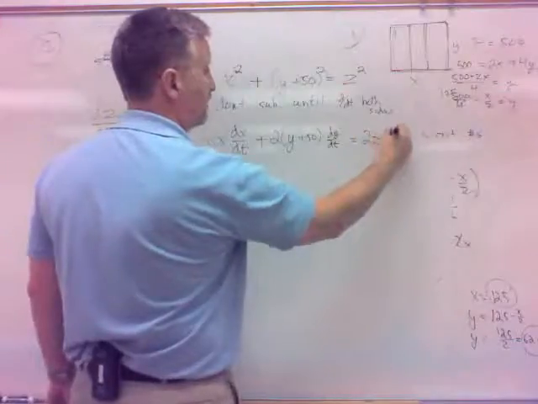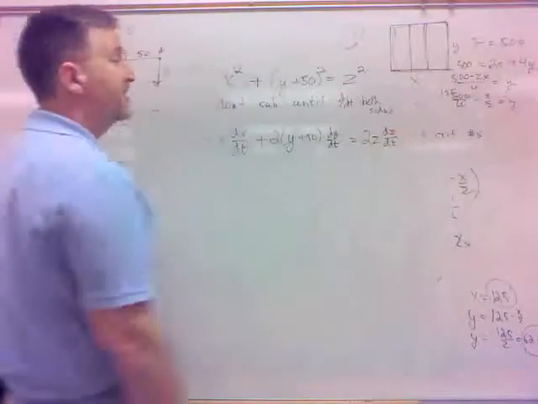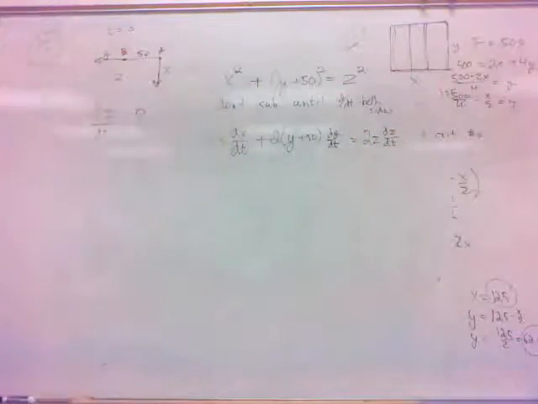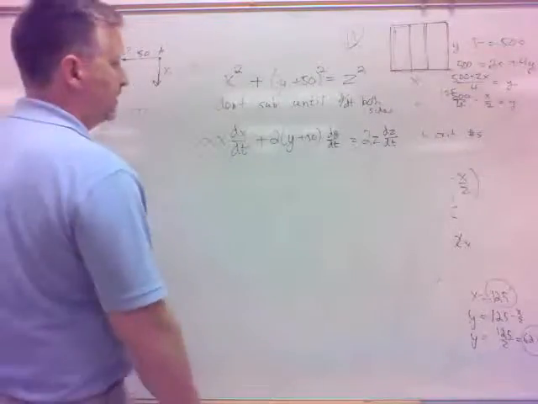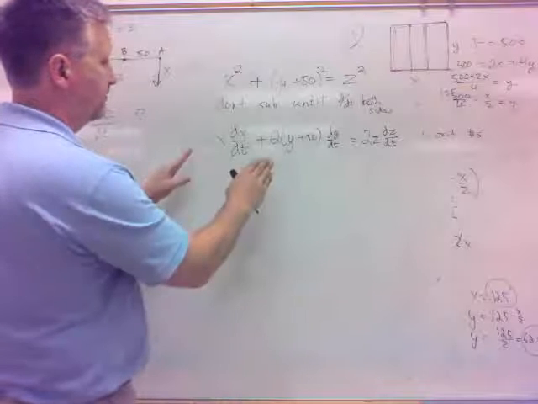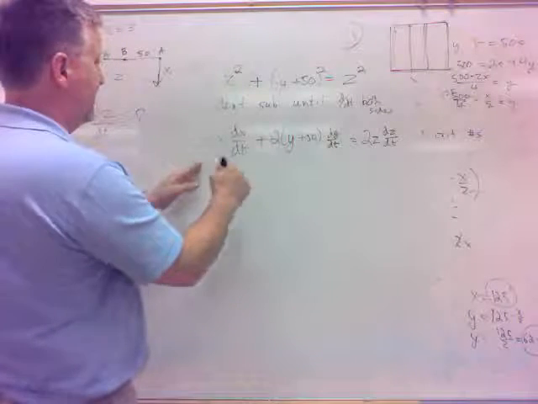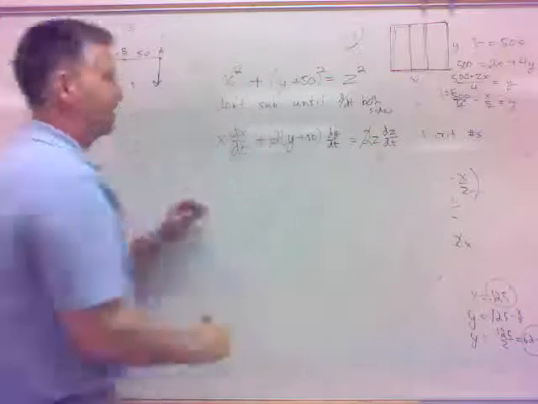Think it's easy? You could, but that's going to mean you have to FOIL, and then you have to do the derivative, so this saves you a step. And the other thing it does, if you leave it like that, is these 2's cancel out, so you get rid of all the 2's.